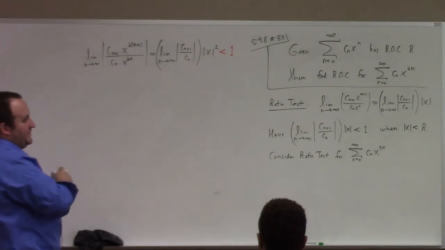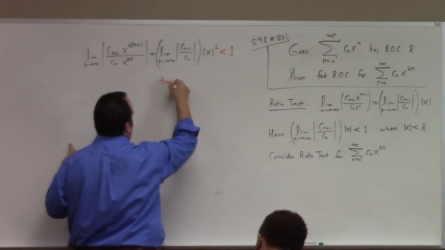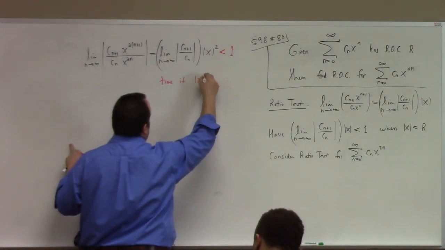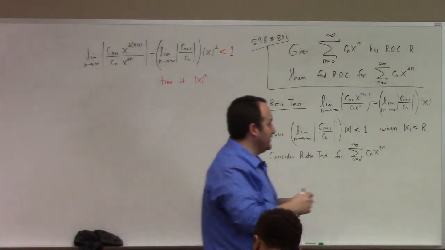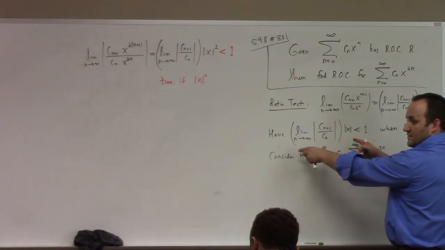If you just compare these, this is going to be true if what? The absolute value of x squared is what? So you see this, we have this is less than 1.